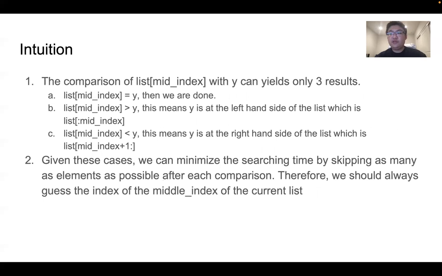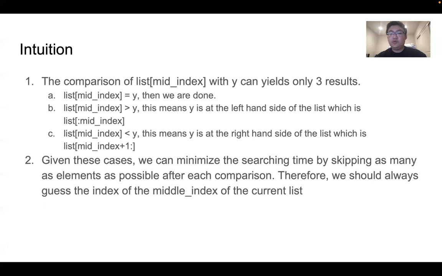The intuition of this algorithm is simple. The comparison of list of mid index with Y will only yield 3 results. In the first result, they are the same number. That means we have found the index, and we will just return that index.